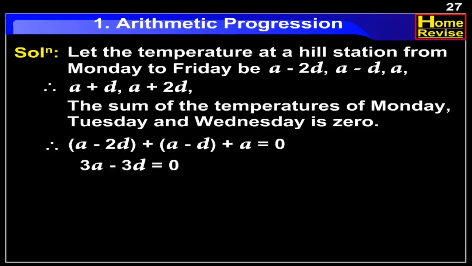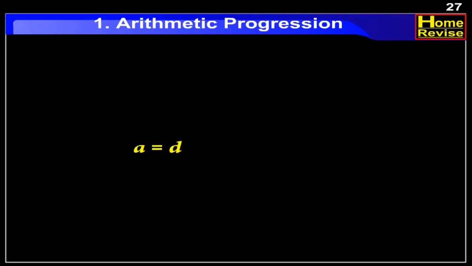Therefore, 3a minus 3d is equal to 0. Taking out 3 common, we get 3(a minus d) is equal to 0. Therefore, a minus d is equal to 0 divided by 3, which is 0. Therefore, we have a is equal to d.